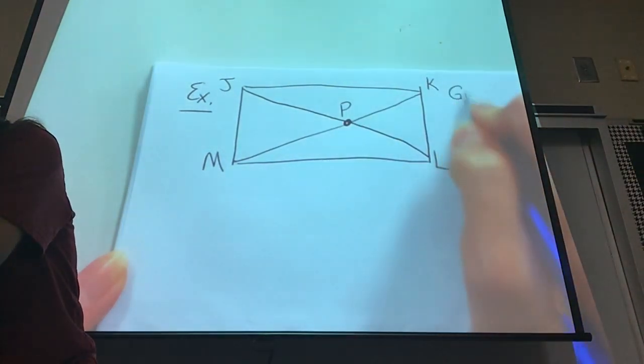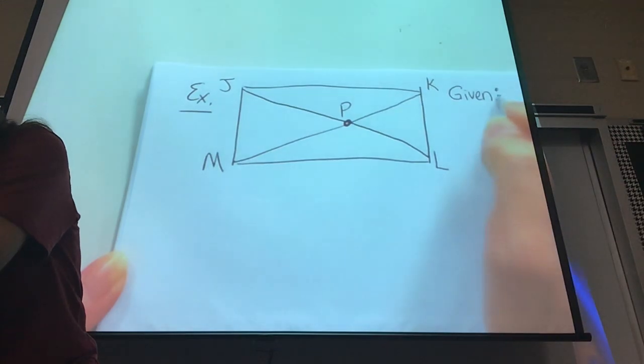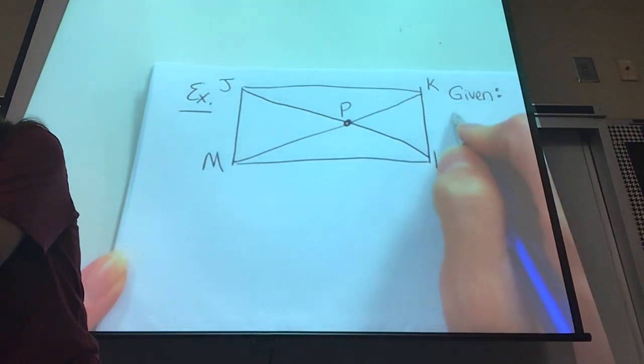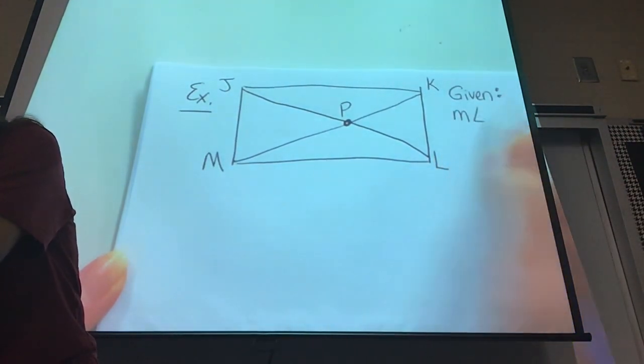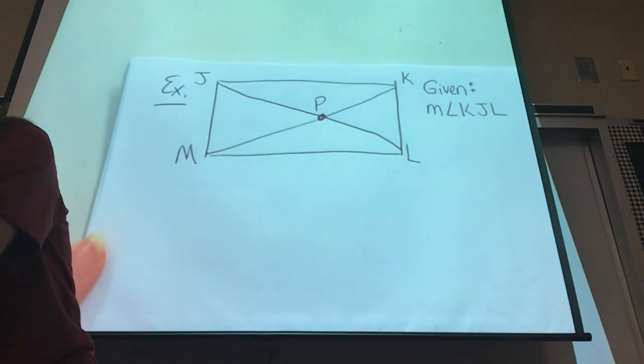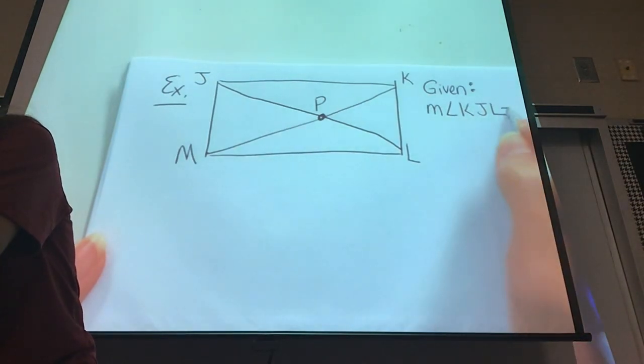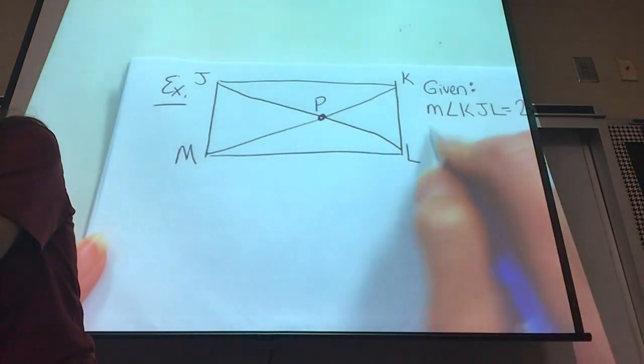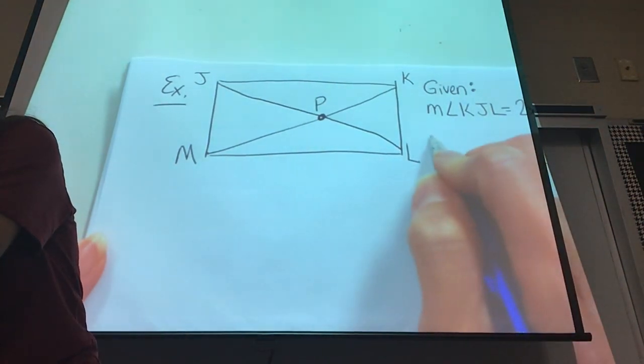What you're given is the measure of angle KJL is going to equal 2x plus 4, and I'll slide this over in just a second.